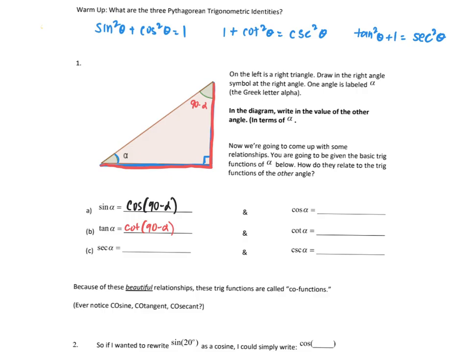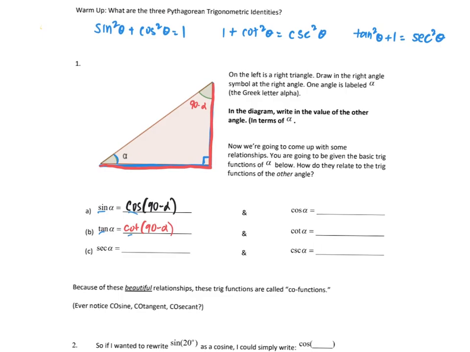And then you'll start to see sine and cosine go together, tangent and cotangent go together. So secant, if you guessed, will go with cosecant of 90 minus alpha. Similarly, cosine of alpha will be sine of 90 minus alpha. Cotangent of alpha will be equal to tangent of 90 minus alpha. And cosecant will be equal to secant of 90 minus alpha.